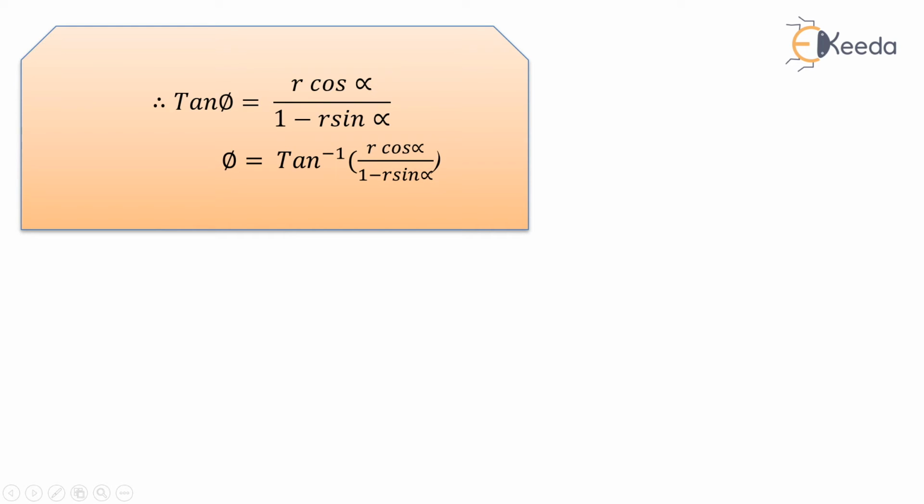So shear angle phi can be calculated as tan inverse of r into cos of rake angle alpha divided by 1 minus r into sine of rake angle alpha. Please remember, this r is the chip thickness ratio r, alpha is our rake angle. Okay, so this is the expression for the shear angle phi.